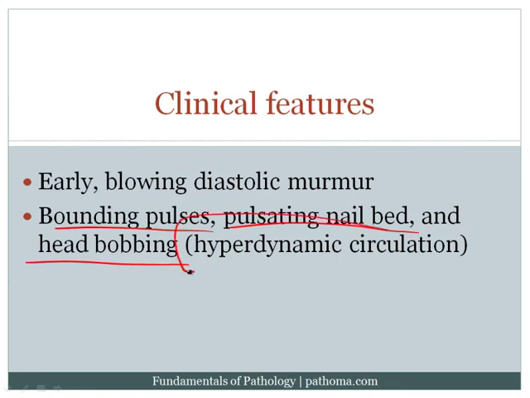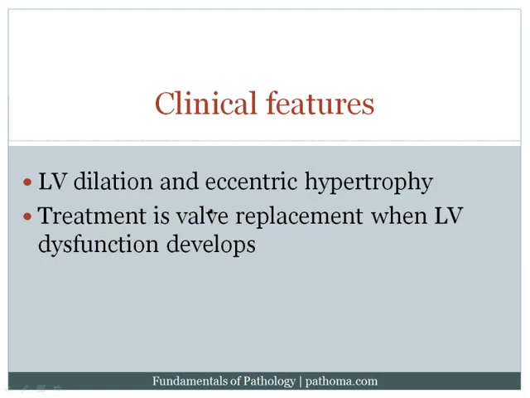And all of this is called a hyperdynamic circulation, and it's based on the fact that the systolic pressure increases because of the increased stroke volume with the regurgitation, and the diastolic pressure decreases due to the fact that some blood is being regurgitated back into the heart. Additional clinical features include left ventricular dilatation, as you add additional volume back into the left ventricle it can dilate.